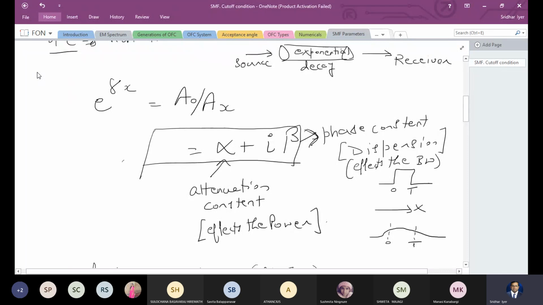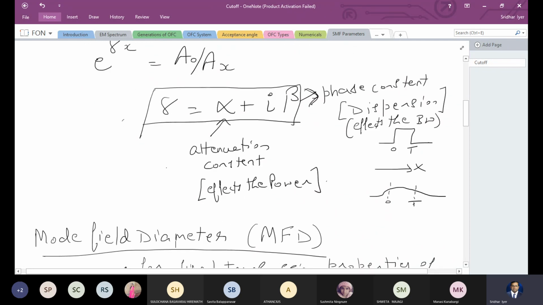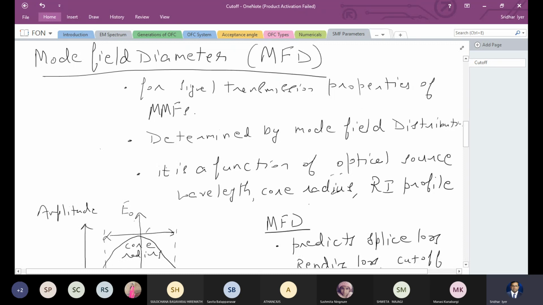Then we saw how we can write this beta, the propagation constant, as gamma equals alpha plus i beta, where alpha is the attenuation constant and beta is known as the phase constant, which helps us in identifying the dispersion factor, right? Then we looked at mode field diameter, which is one of the parameters used to analyze the multimode fibers. And since it deals with the multimode fiber, we've only looked at its definition and a few aspects.